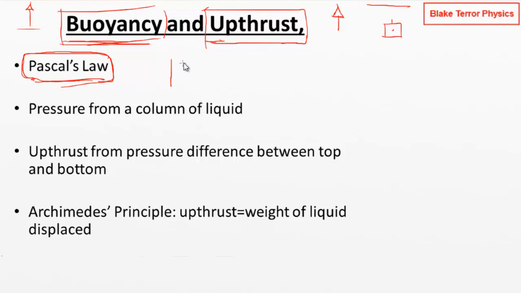A good way to think about this is when you've got pistons and things like that. You get these setups where you've got some little piston over here which you're pushing down, or even on the other side. So you've got a pair of them. It doesn't really matter which way you're doing this. You've got two of these and they're connected here. This is all liquid.